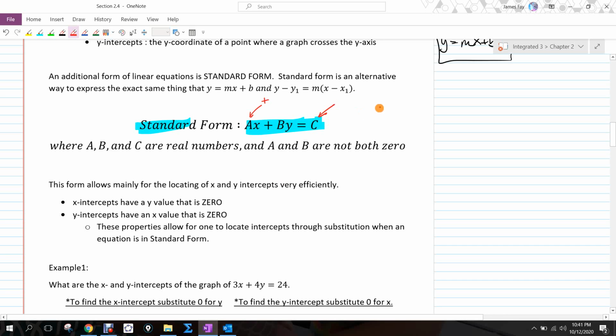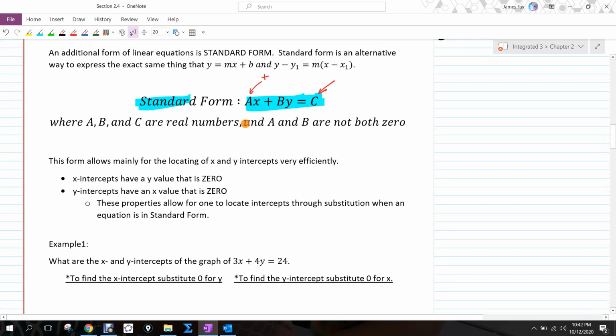Some textbooks will say that we need that C to be on the left-hand side with X and Y, and 0 on the right-hand side. They're all okay interpretations of standard form. Basically what I'm looking for when we write standard form is that the A and the B are whole numbers. So we're going to eliminate fractions, and X and Y are on the same side with one another.